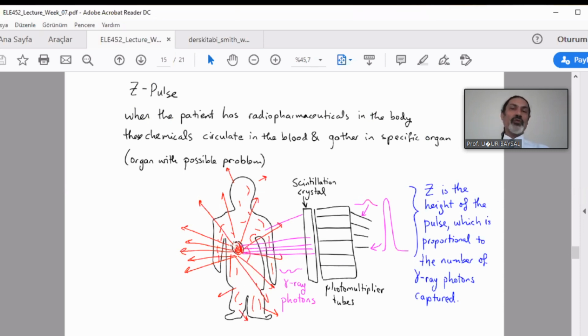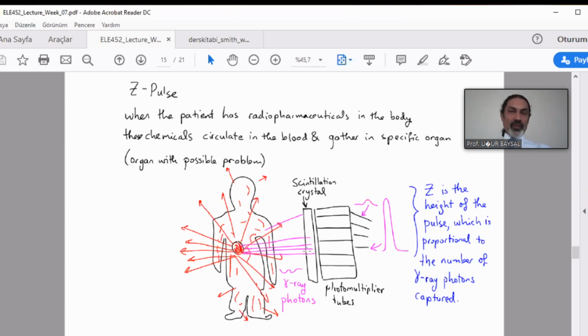Compared to the organ, the concentration is really low. Now this detector receives those violet-colored rays because those rays are informative, but we cannot catch them all. So that's another reason for bad SNR in this system. This is 3-dimensionally emitting rays, but only a part of the solid angle of rays is collected, okay?